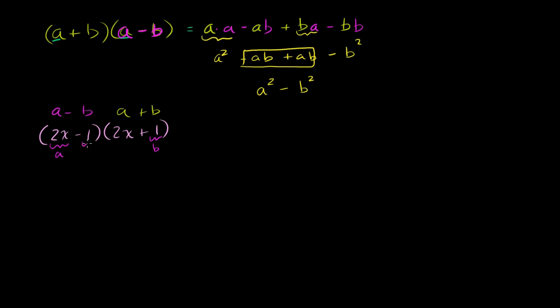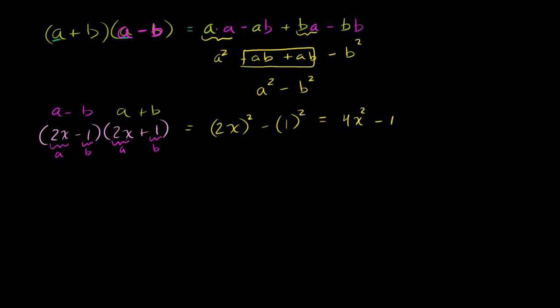Just using this pattern that we figured out just now. So what is this going to be equal to? It's going to be a squared, 2x squared, minus b squared, minus 1 squared. 2x squared is 4x squared. 1 squared is just 1, so minus 1. So it's going to be 4x squared minus 1.